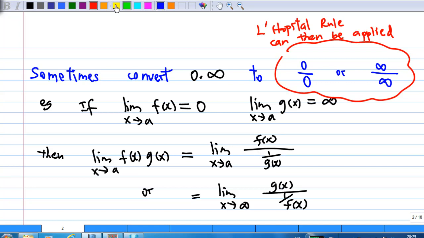Now this is the form of 0 over 0. If you write this product as g x over 1 over f x, then it becomes the infinity over infinity form. So you can convert 0 times infinity into 0 over 0 form or infinity over infinity form, so that you can apply L'Hopital's rule.